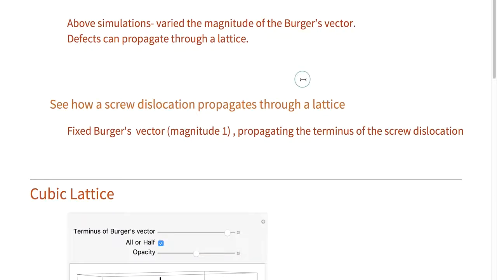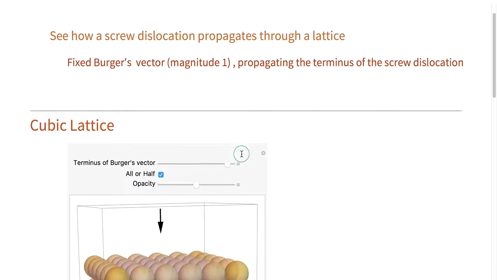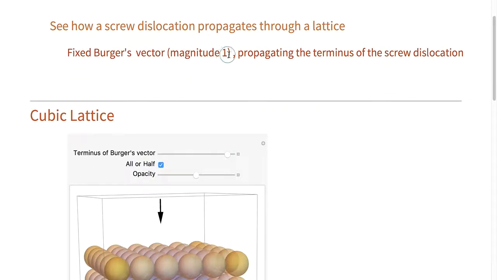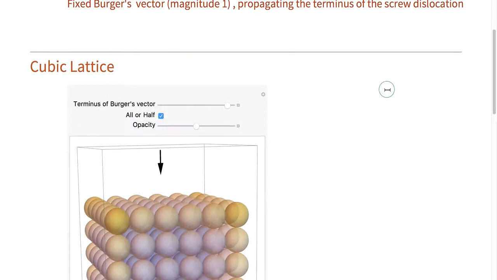In the above simulations, I varied the magnitude of the Burgers vector, but we also know that defects can propagate through lattices. In my simulation before, I actually had the vacancies moving around. So now I'm curious to see how my screw dislocation can propagate through a lattice. What I've done below is I've fixed my Burgers vector to a magnitude of 1, and I've propagated the terminus of the screw dislocation.